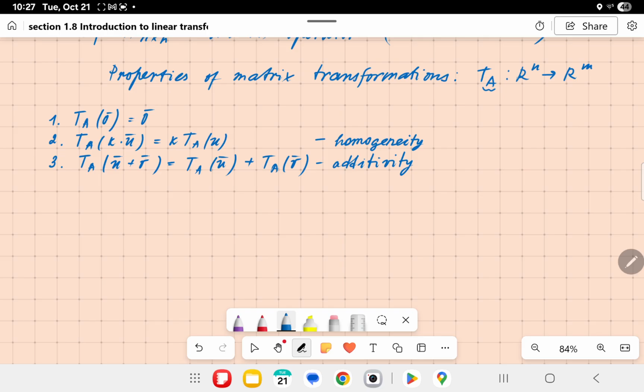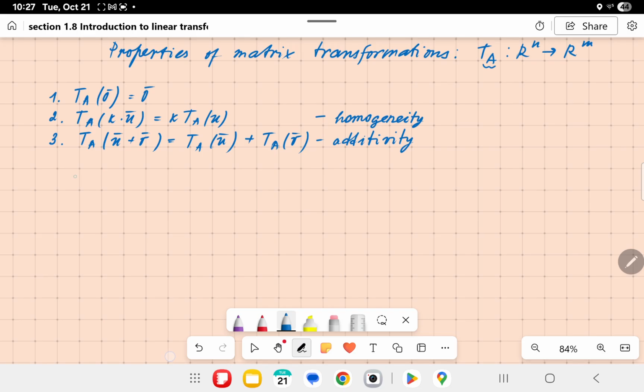Well, I can kind of prove some of this. For the first one, I told you already, the product of the matrix by the 0 vector is going to be 0. We proved it somewhere in chapter 1, right? I think I'm going to prove number 3. So just maybe verify, because there is not much of a proof. U plus V is going to be what?